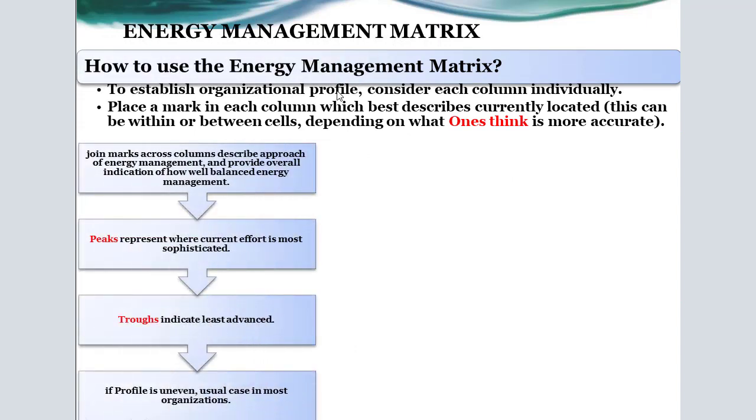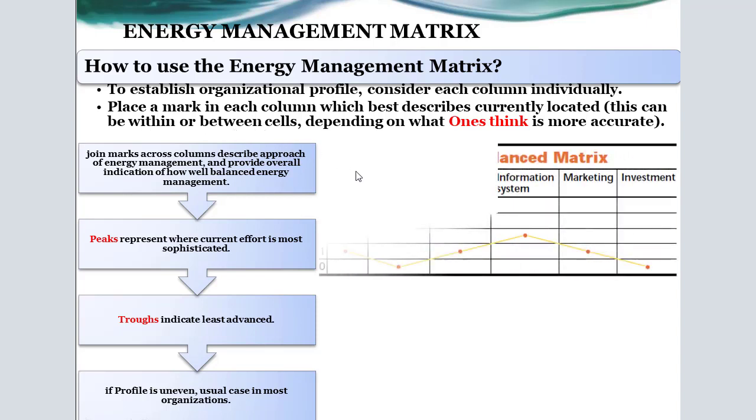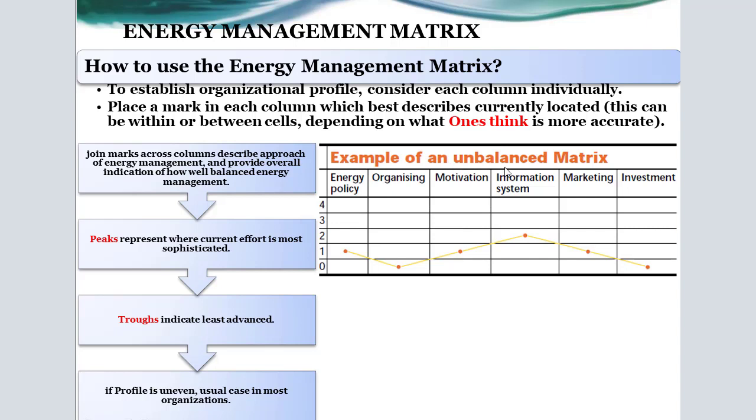Now, how can we use the energy management matrix for the organization in order to establish their profile? We consider each column individually. As we said, we have 6 columns and 5 rows, and we put a mark on each column, based on what describes the current situation. This is an example of an unbalanced matrix.